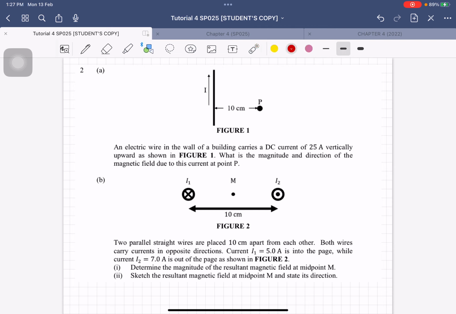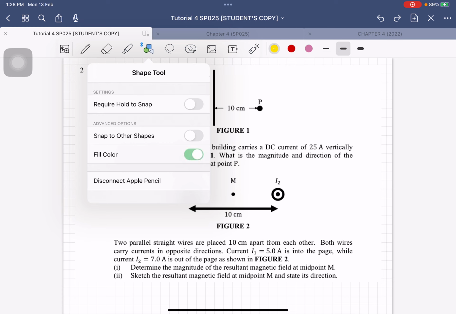Okay, so what I'm gonna do is I'm gonna draw the magnetic field lines. So if we use our right hand grip rule, it shows that this direction of magnetic field lines will be anti-clockwise. Okay, so it's gonna be, let me just fill color to this.